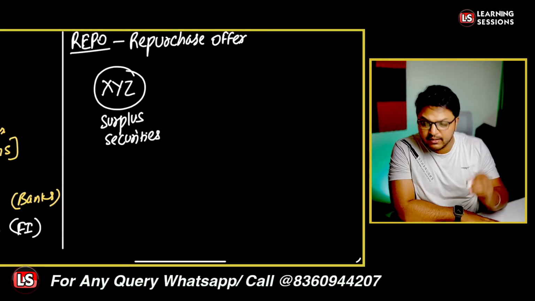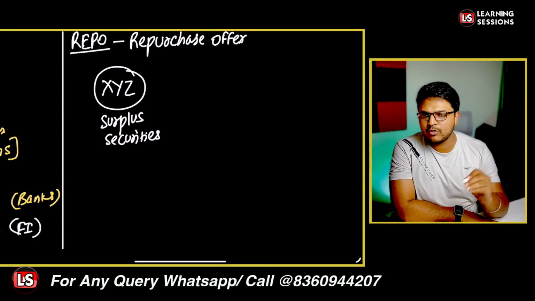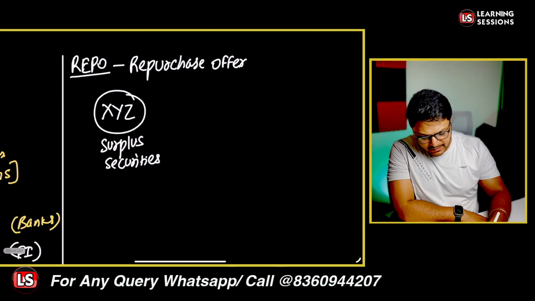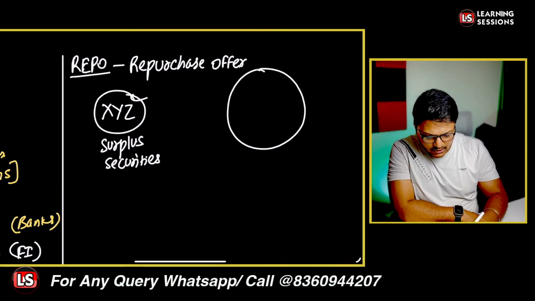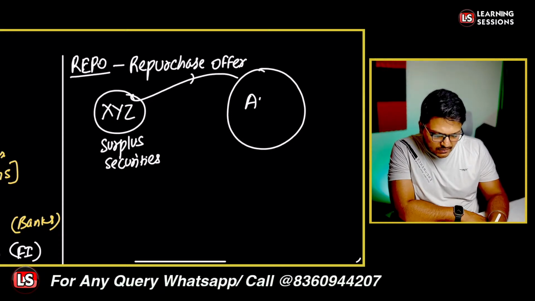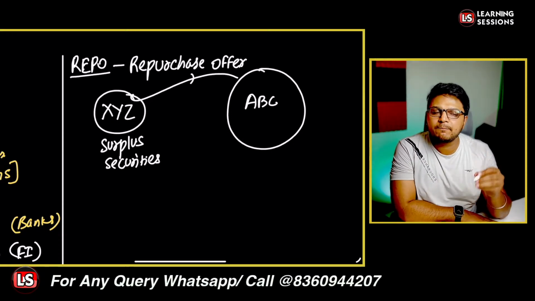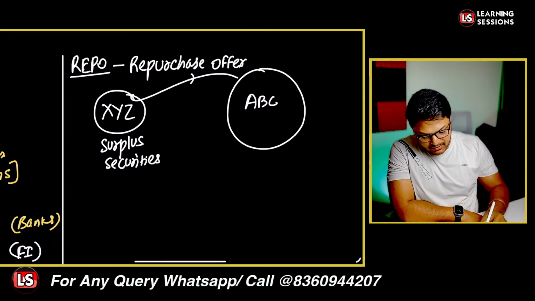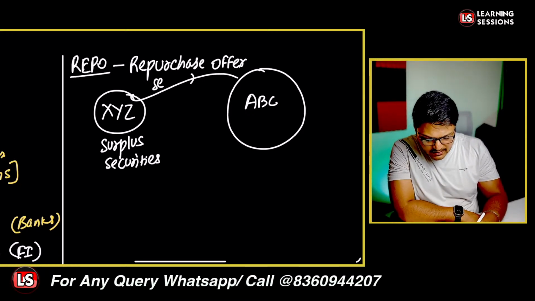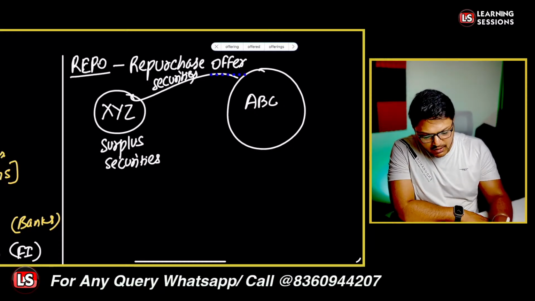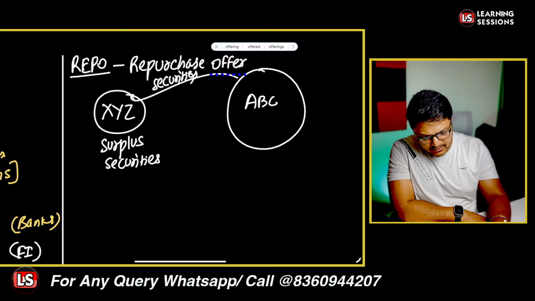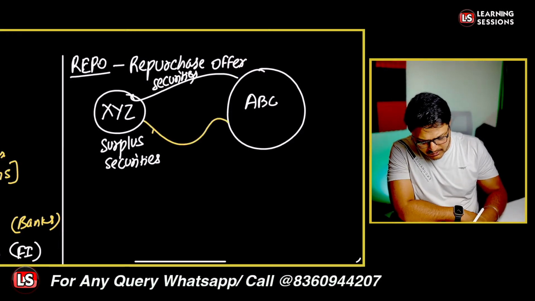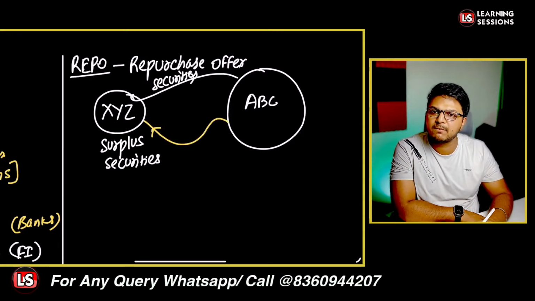Now under a repo transaction, the XYZ bank will keep these surplus securities with the other counterparty, let's say ABC, with a contract that it's going to get back such securities after a fixed period at a fixed predetermined price.